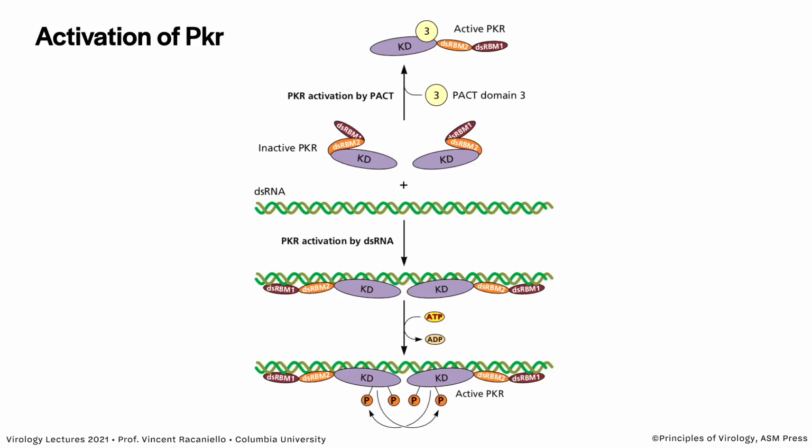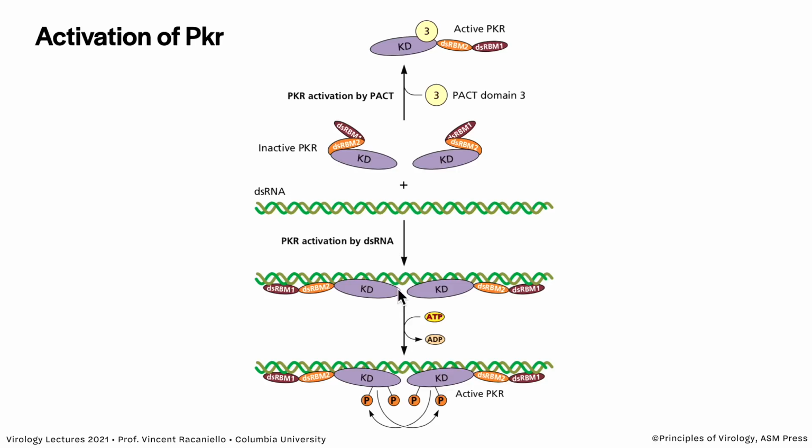How does this activation by double-stranded RNA work? So here is PKR. It has a catalytic domain and two double-stranded RNA binding domains. And here's double-stranded RNA. The idea is that these PKR molecules bind double-stranded RNA via this double-stranded RNA binding motif. It makes sense, right?